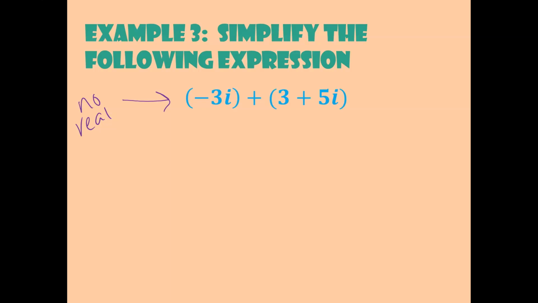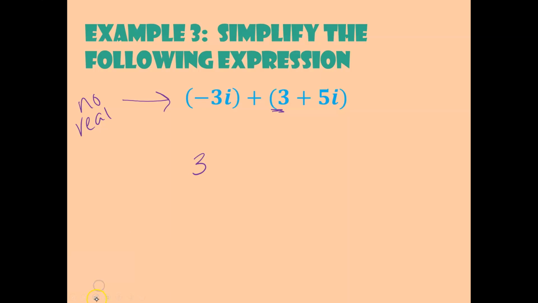So if there's no real on the first one, I have nothing to add to the 3, do I? So I'm just going to bring that 3 down, because there was nothing to combine there. It's like when you were in Math 3 simplifying a polynomial and combining like terms: if you only had one x squared term, we just brought it down. Same thing here. I only had one real part, so I just brought that 3 down.